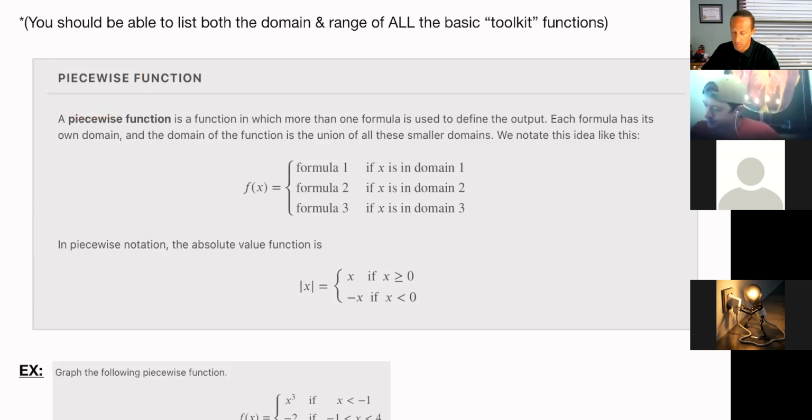You guys may be familiar with one. It's called the absolute value. If you give me any number and I ask you for the absolute value of that number, anything, I'll put x to represent that. What do you do? Take the positive and the negatives. Okay, good.